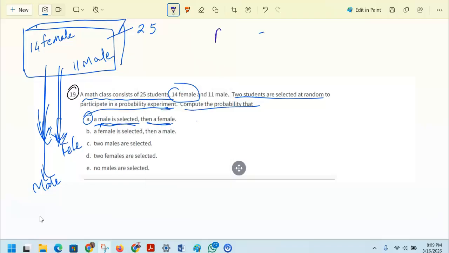So probability, male is selected first. Instead of those letters, I can say first male and then female. So the second one is female, right?